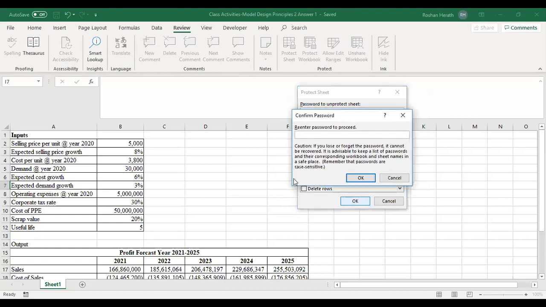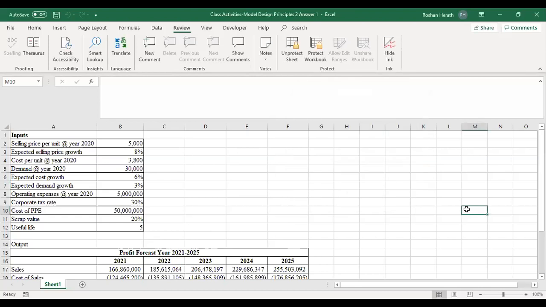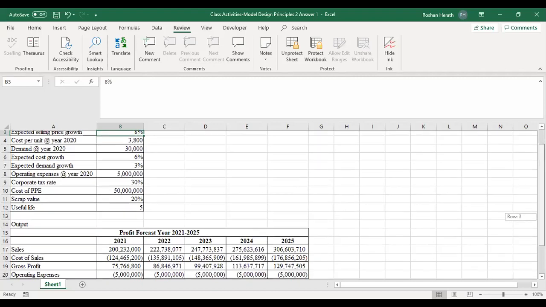Say OK, and re-enter it. Say OK. Now let's see what impact we have. Let's say the user wants to change the selling price. He should be able to do that because we have allowed them to operate in the input area. Let's say it is 6,000. Yes, no problem. The user can change that.